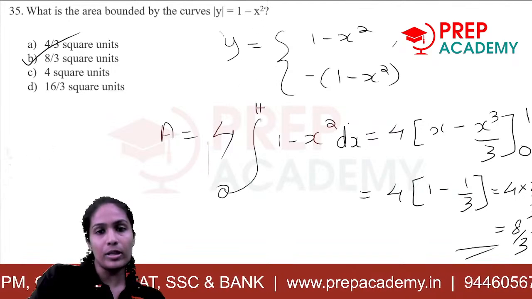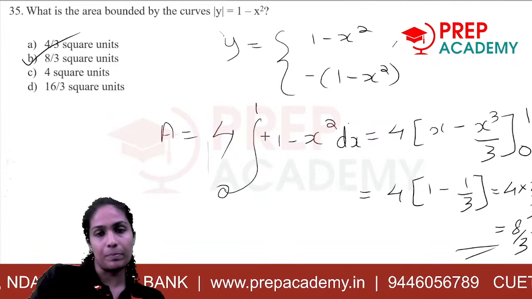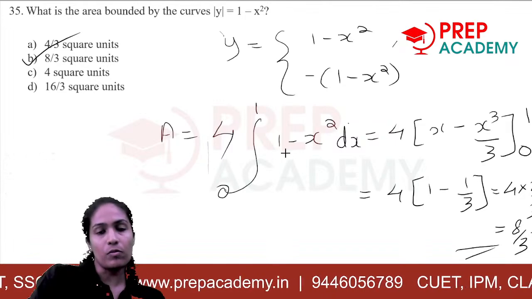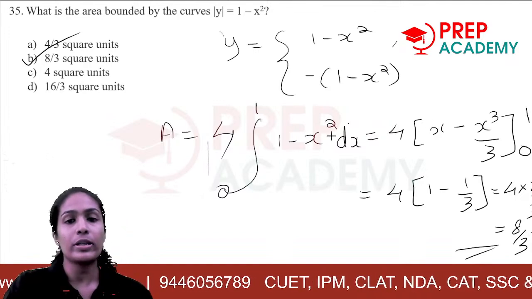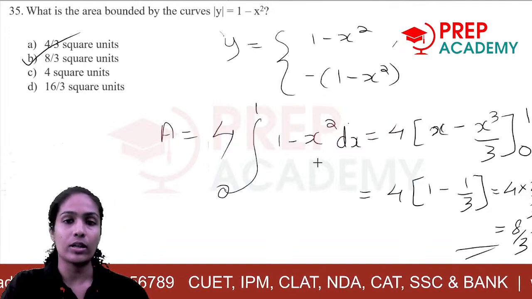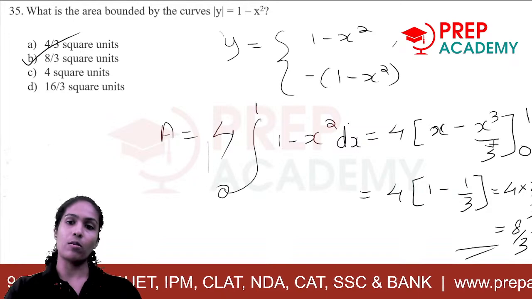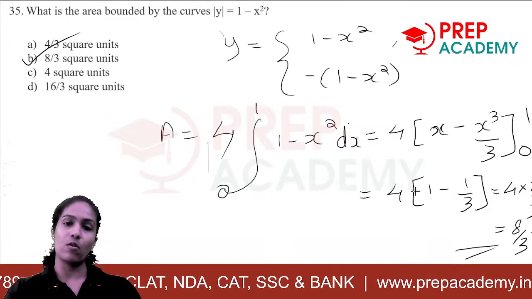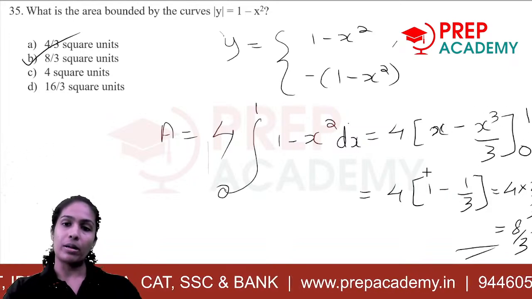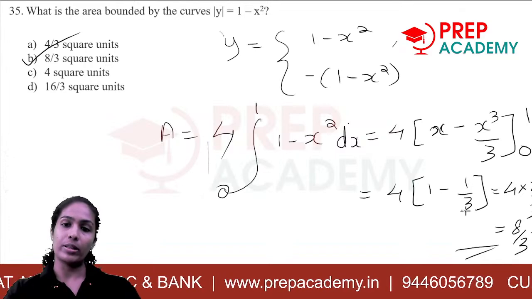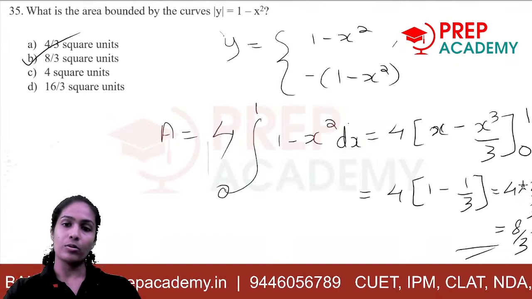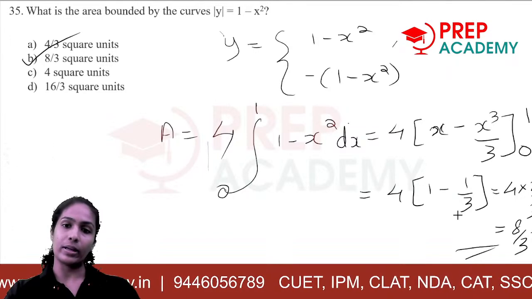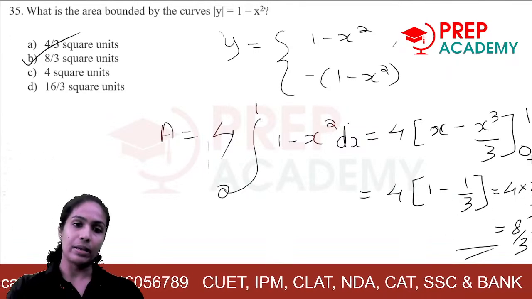If you draw the diagram, you can see that. So the integral from 0 to 1 of 1 minus x square dx. 4 into the integral of 1 is x and the integral of x square is x cube by 3, within the limit 0 to 1. On applying the limits, 1 minus 1 cube by 3 minus 0 is equal to 4 into 1 minus 1 by 3, which is 2 by 3. 4 into 2 by 3 is 8 by 3 square units.